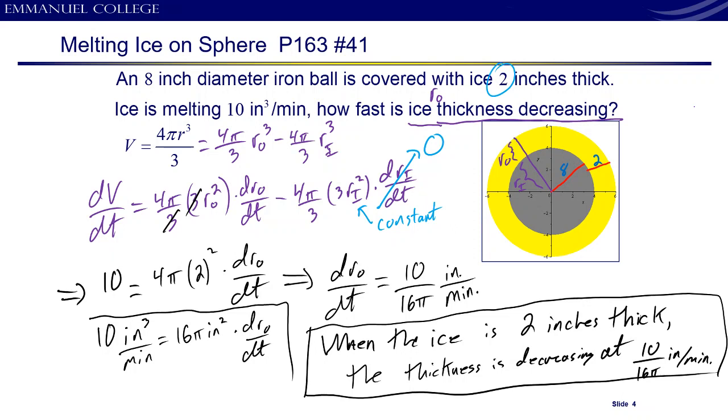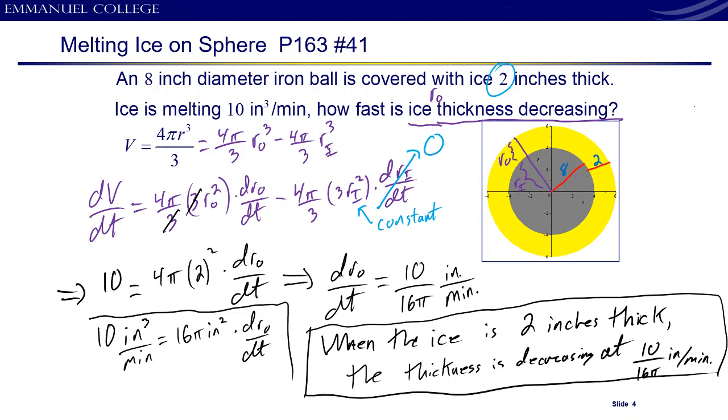Now, notice if we had just started with 4 pi r cubed, the problem is if you try and treat it as just 4 pi r cubed, the whole ball is not changing in the same way.